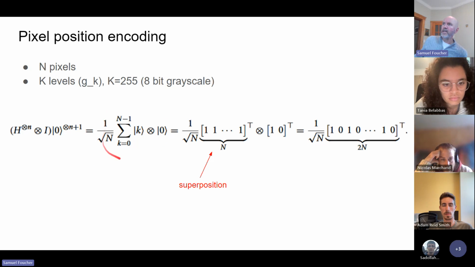So we get the FRQI equations I had before, and if you explode it, you get a superposition of n states on the position. Because I applied n times the Hadamard, I get a nice equiprobable superposition of states. There's a Kronecker product with the 0 state here, and that will create this. I'm not too sure why they put these equations, but in fact, it's just saying that you're putting some space for the color values. That's my understanding.